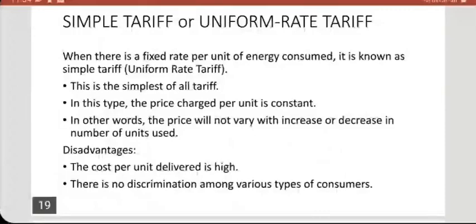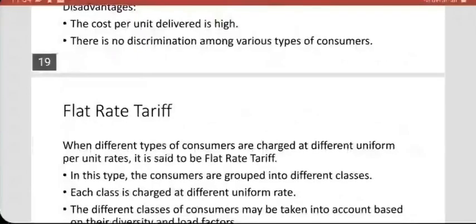No change in the price, no matter how small your consumption is or how big your consumption is. This is not very economical for electricity boards or for power generating companies. So they have come up with other types of things also.